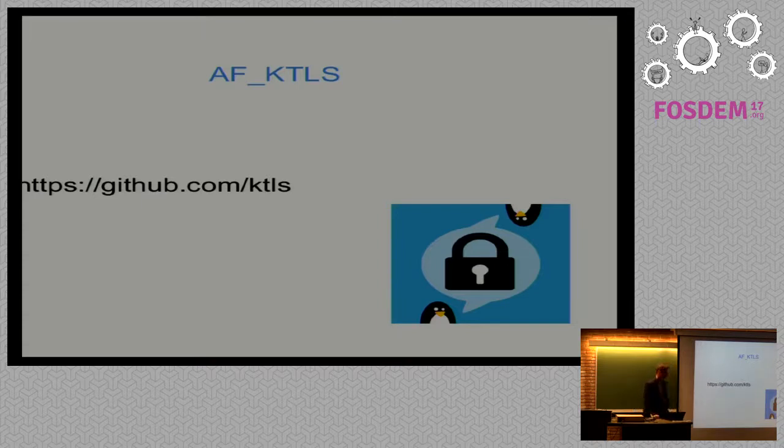We still have open issues, like, for example, the DTLS window has some bugs right now, and we haven't proposed the merge request yet, but hopefully we get it someday. Also, Facebook is experimenting with having only one socket, so you don't need to have a socket for TCP and AF_KTLS, but they want to merge it in some way, and hopefully one day.